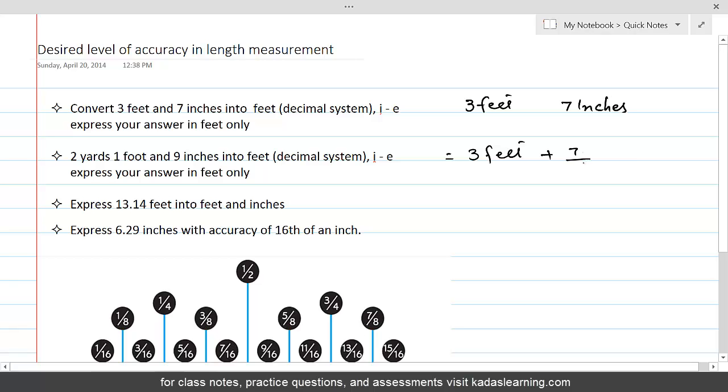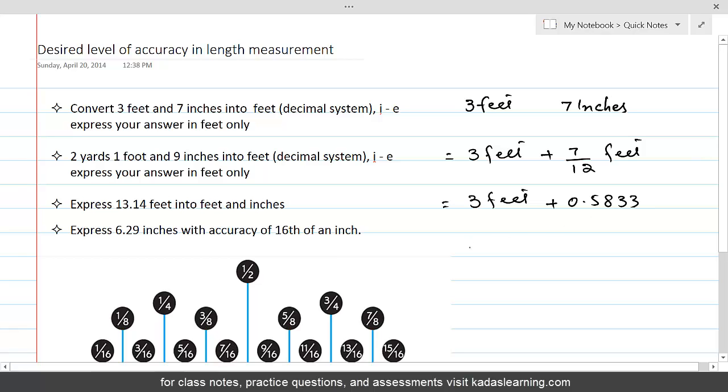What do we do in order to convert inches into feet? We divide by 12. So this will be feet now. And now 3 feet plus, either we can write it within the imperial measurement system as 3 whole 7 by 12, or we can convert 7 over 12 into the decimal system, and this will become 0.5833.